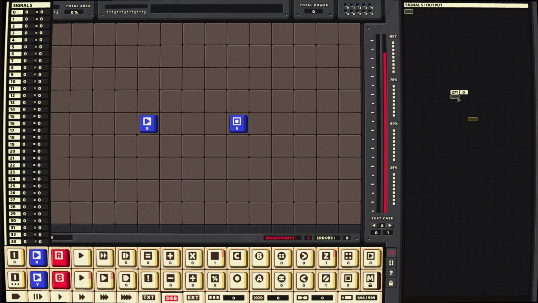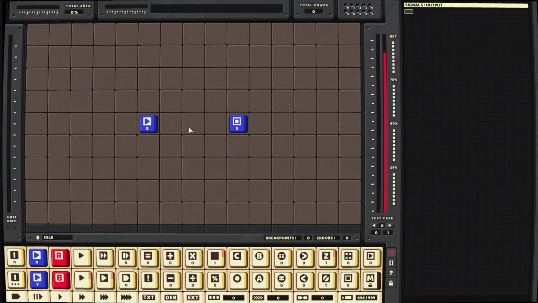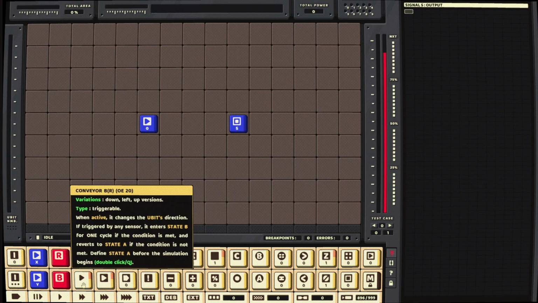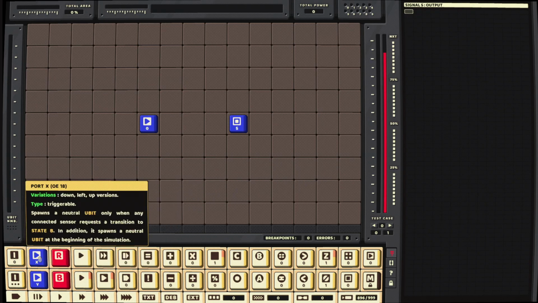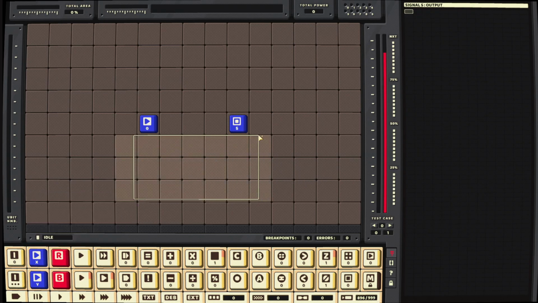That one's always, I guess there's just always a breakpoint at the beginning of the program. Makes sense. Where's my thing that writes a 0 to begin with? It's around here somewhere. Port X? Yeah, spawns a neutral U-bit.